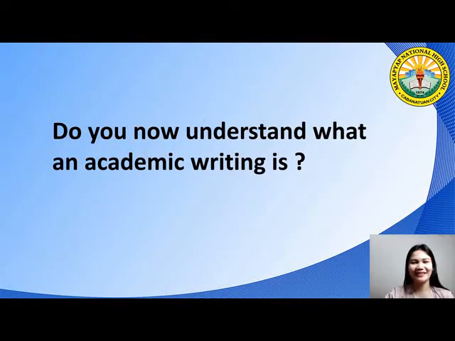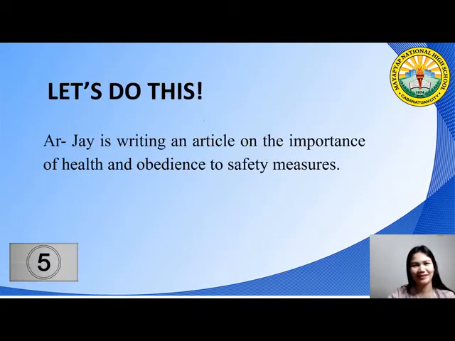Do you now understand what academic writing is? Let's do this. Tell me what form of academic writing each situation describes. First one. RJ is writing an article on the importance of health and obedience to safety measures.